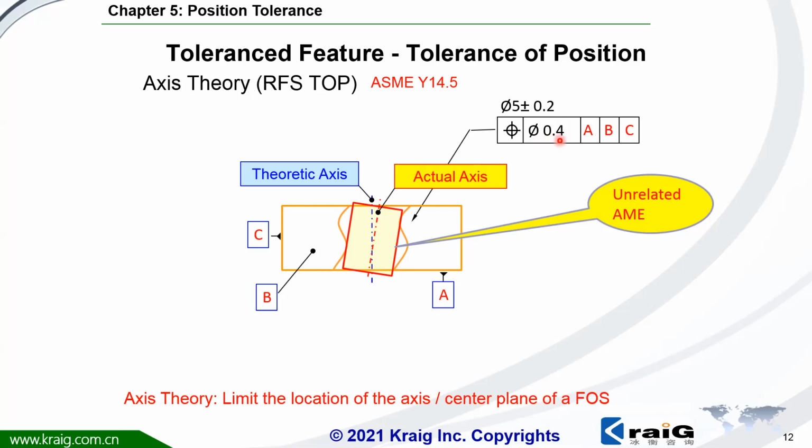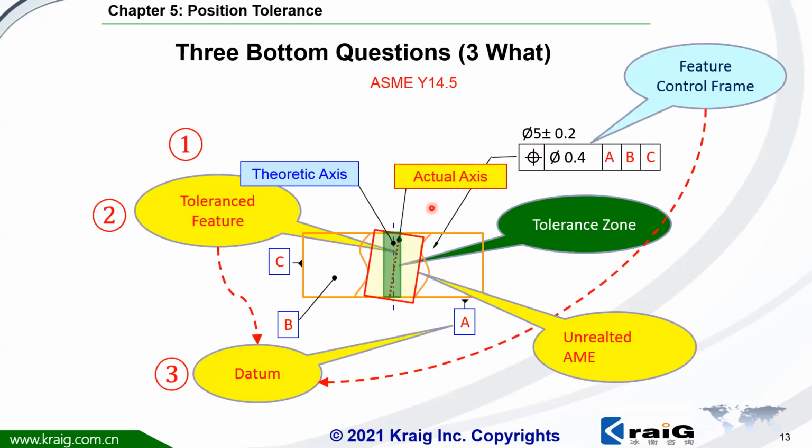The 0.4 tolerance value is used to limit the axis of the AME. So before we measure these parts, we have to construct the AME, and then we get the axis. Next, we can evaluate the position of this axis to prove that it's within this tolerance zone.